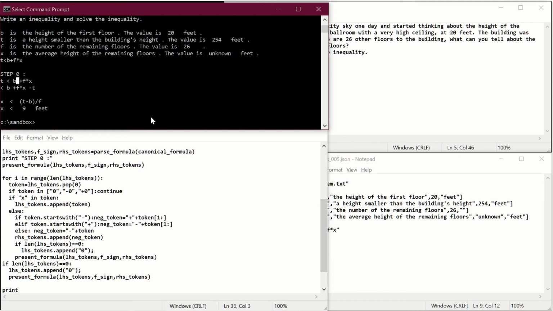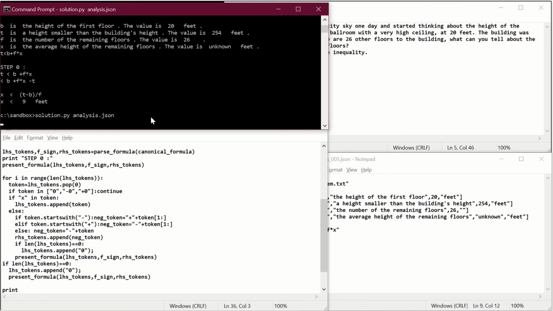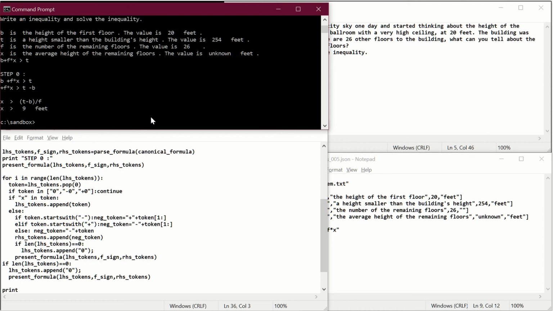and execute both tests. So the original test, okay, it is our initial larger than problem, and then the smaller than test where we switch left hand side and right hand side. Okay, so now we have t smaller than b plus f times x, the smaller than problem.